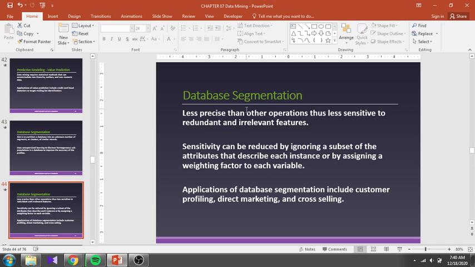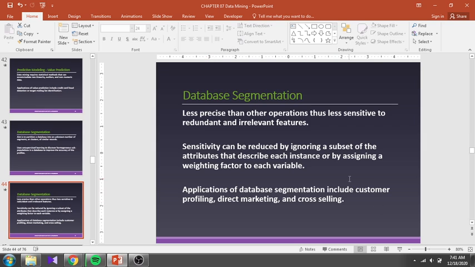Okay, ni macam standard segmentation is less precise than other operations, thus less sensitive to redundant and irrelevant features. So sensitivity can be reduced by ignoring a subset of the attributes that describe each instance or by assigning a weighting factor to each variable.